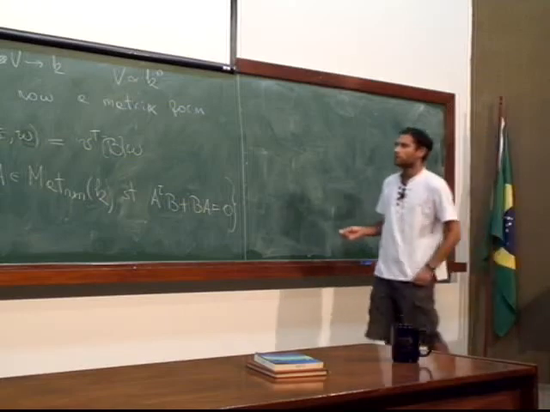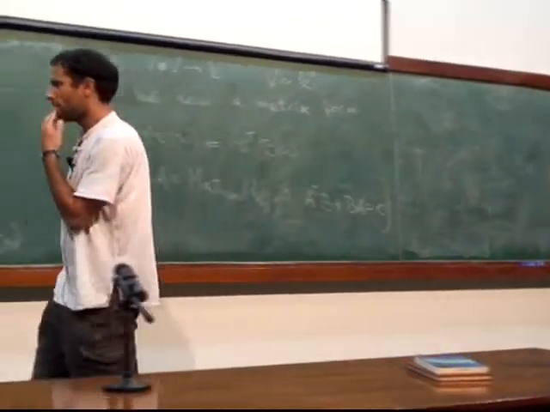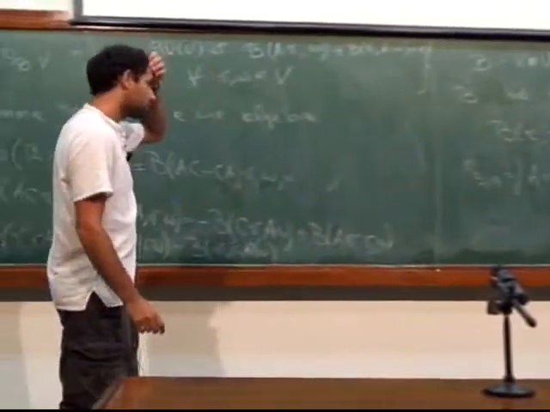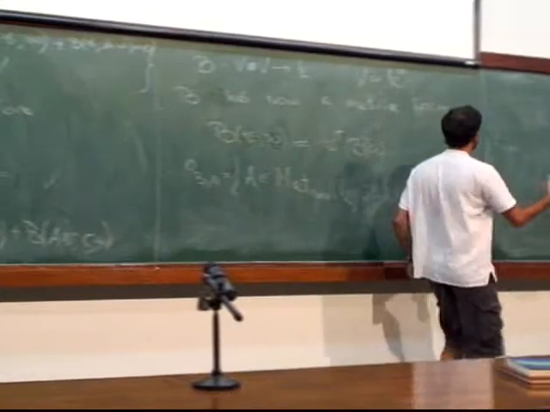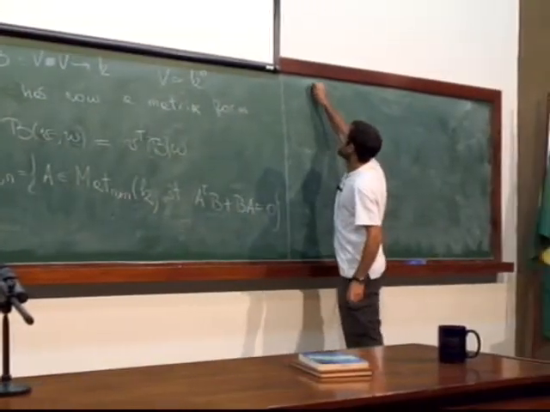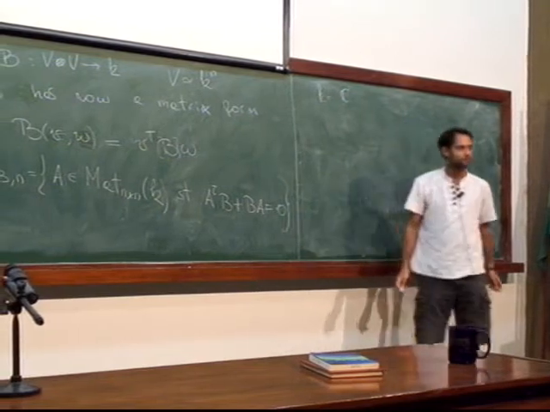So let's put some names. Keep in the back of your head for a second that this is going to work for any field, but keep in mind that K is the complex numbers.